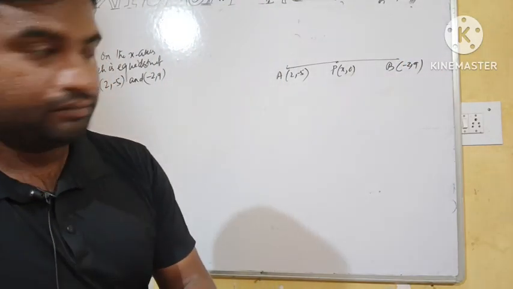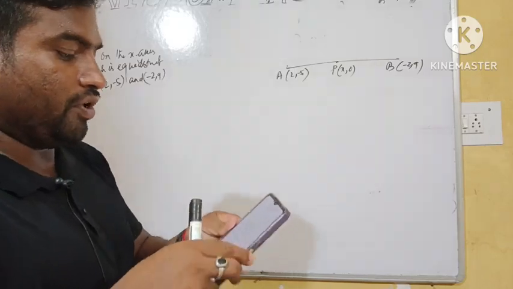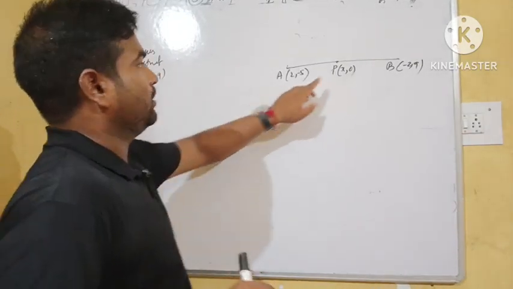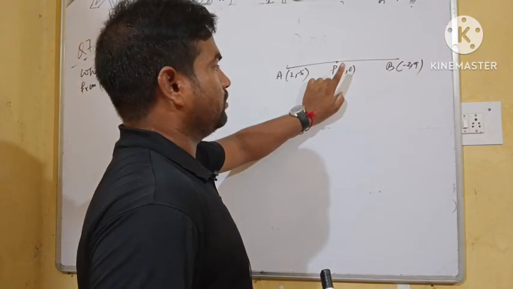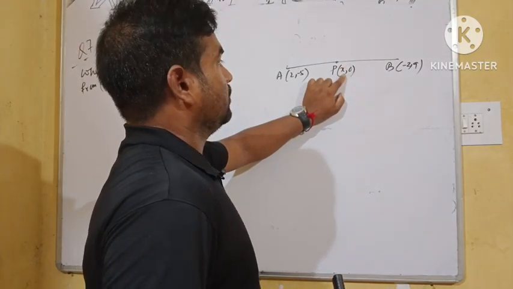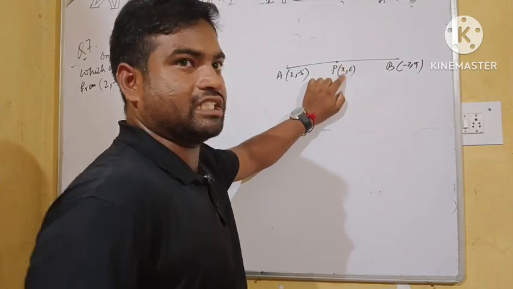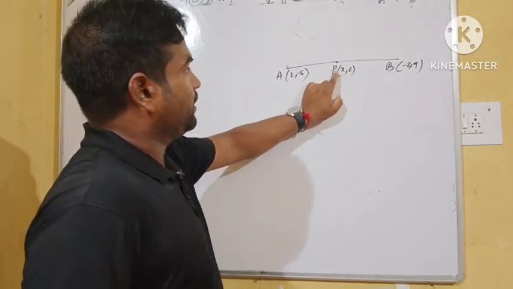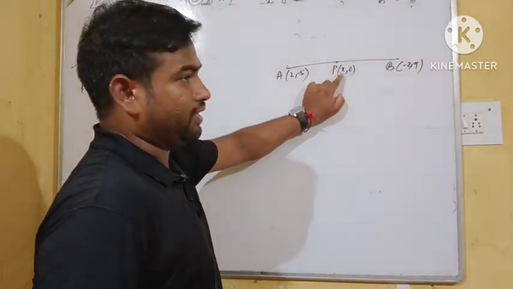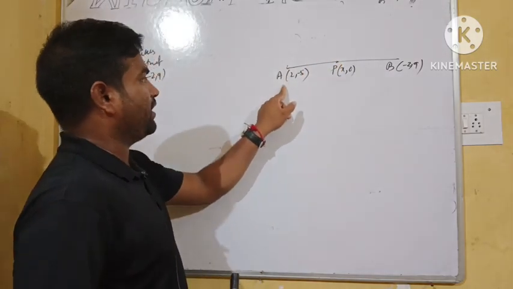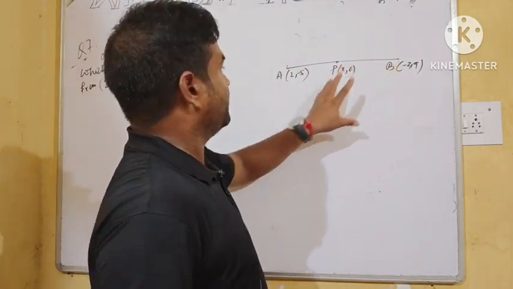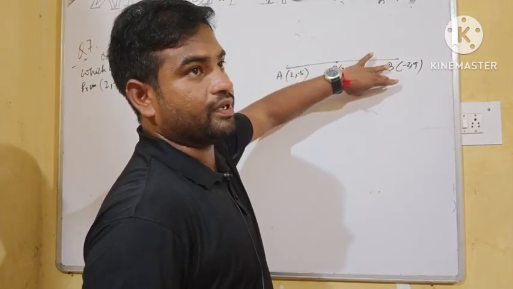Right. We have to find the point on the x-axis. The point on the x-axis means we have to find the value of x, if P is the point which is equidistant from A and also equidistant from B. Means AP is equal to BP.